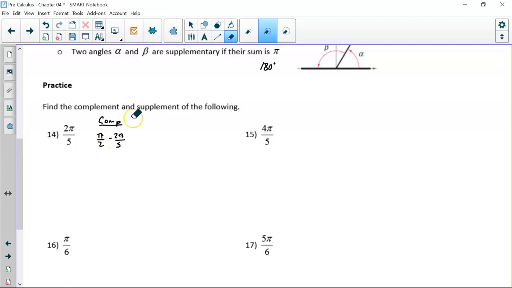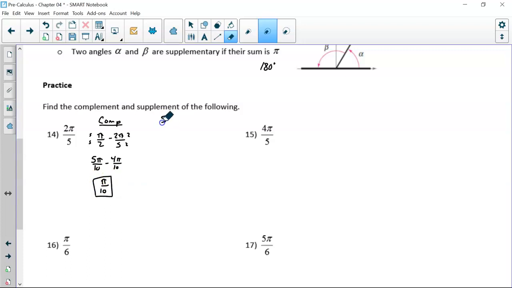So to get a common denominator, it's going to be a 10. So we're going to multiply by 5 over 5 and then 2 over 2. So it's 5 pi over 10 minus 4 pi over 10. 5 minus 4 is 1, so it's going to be pi over 10, and that's our complement. 2 pi over 5 plus pi over 10 would get us to pi over 2, that 90 degrees.